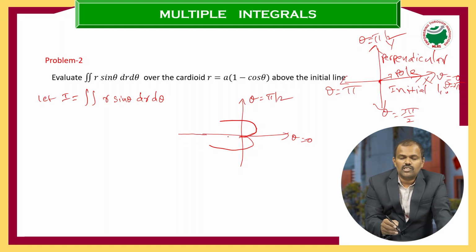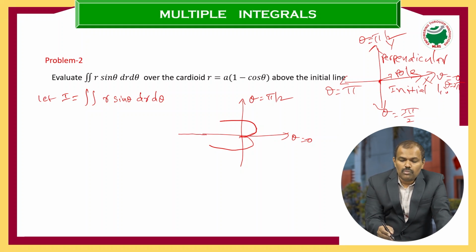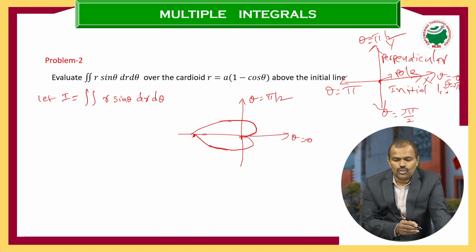If I substitute theta is equal to 180, cos 180 is minus 1, so 1 minus minus 1 gives 2a. That means it touches at the point 2a. So this is the figure. This is the cardioid. This is the point 2a comma 0.